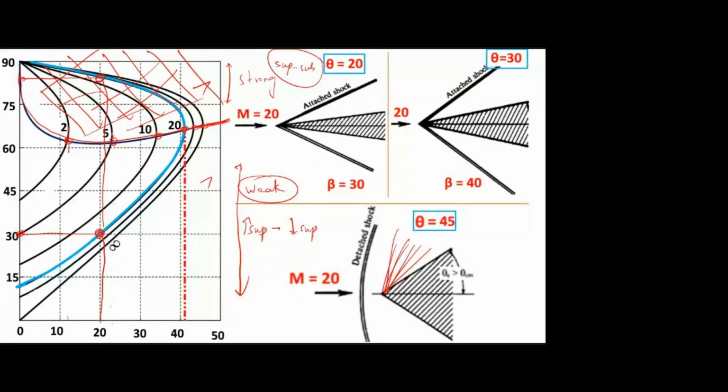So in one word, if they ask what are all the possible solutions of oblique shock, you should mention two solutions, strong solution and weak solution. But in reality, only the weak solution will occur, changing high supersonic to low supersonic. The strong solution will not happen. That's why we are removing this upper portion.